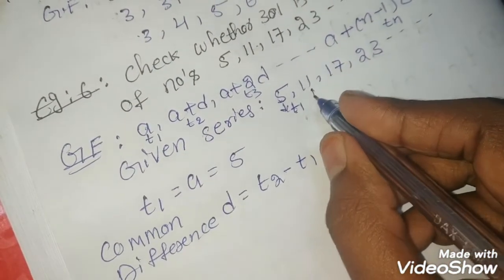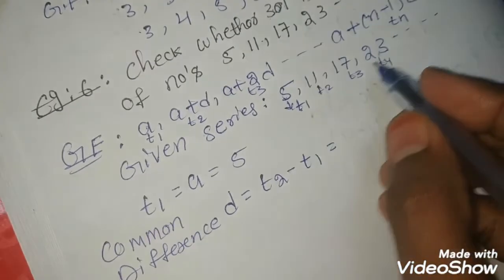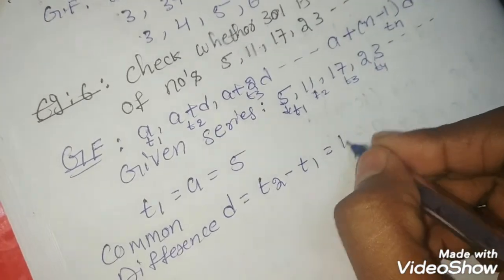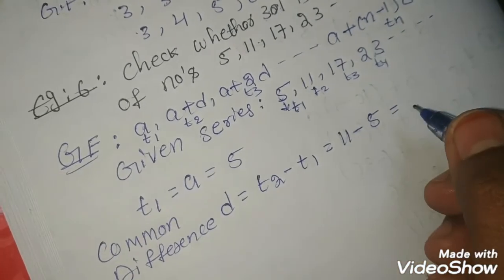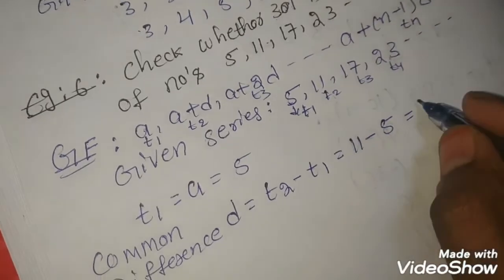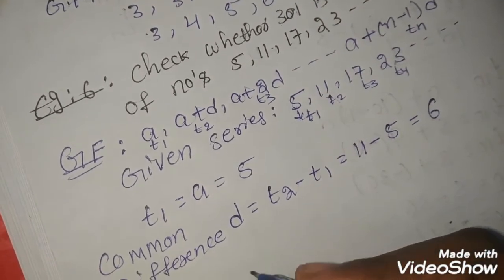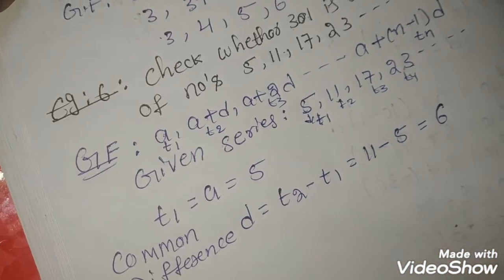This is T2. This is T3. This is T4. Term 4. Okay, T2 is 11. T1 is 5. What is 11 minus 5 here? Is 6.